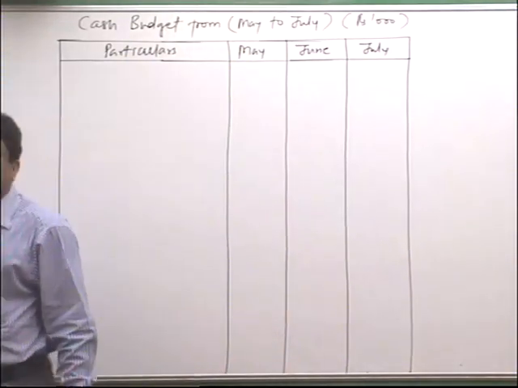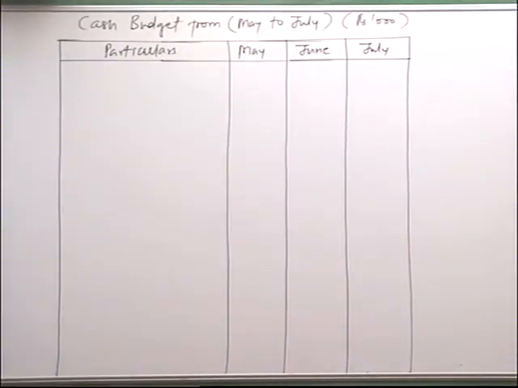Make 4 columns. First column for particulars, then 3 columns for the months of May, June and July.